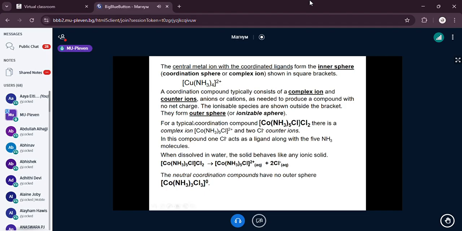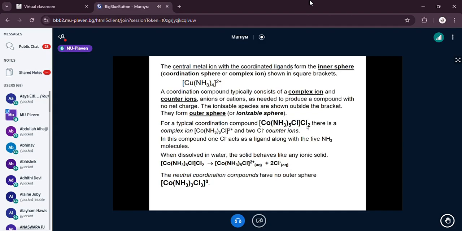So, central metal ion and ligands. But outside this inner sphere, which is non-ionizable, inner cannot be ionized. Outside this are chloride ions, two chloride ions, which are outer sphere, also named counter ions.